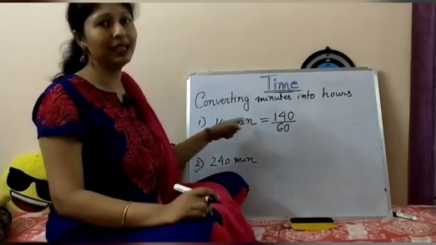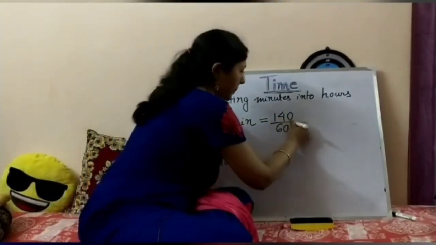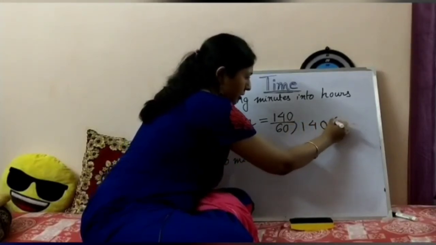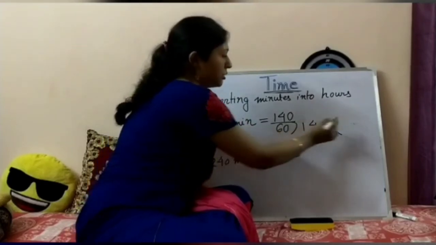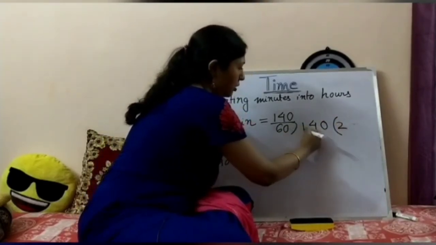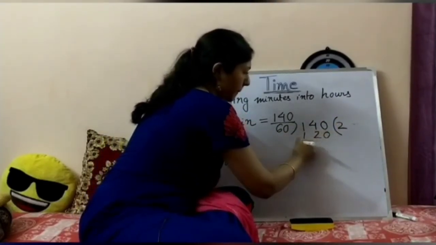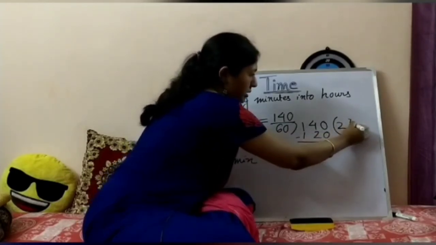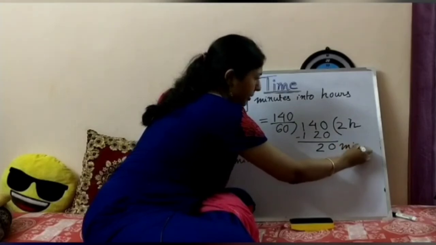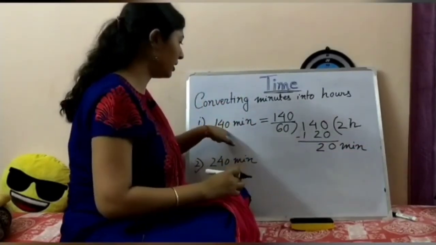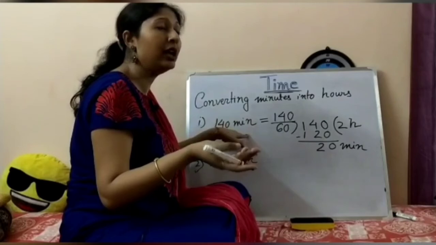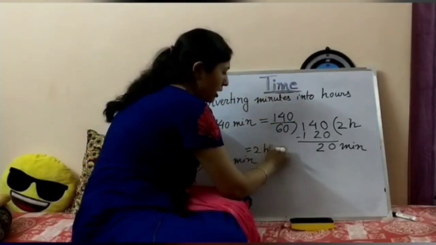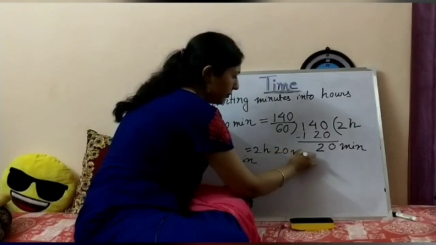Then we can easily get the hour. 60, it will come 2, then 120, 0, 2, that is hour and minute. So our answer will be 140 minute. When we will transfer into hour, we should write it here 2 hour 20 minute.